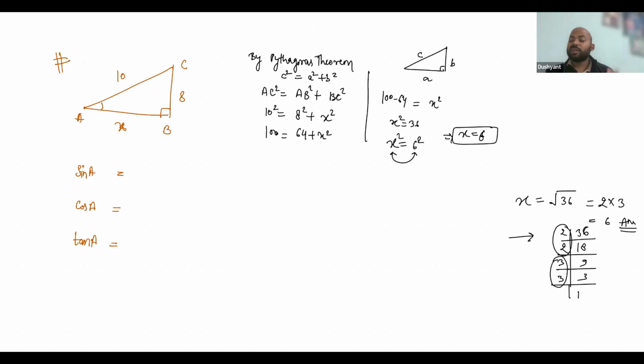If you get the pairs, those pairs will come out of the under root, as I have written here. A pair of 2 is there, so I'll write 2. A pair of 3 is there, so I'll write 3. It becomes 2 times 3, that is going to be my 6. Clear? So the x is equal to 6 here.